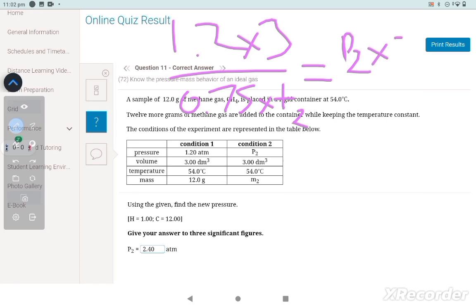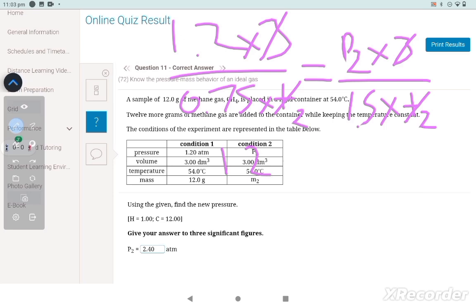multiplied by 3 over, now here it says 12 more grams of methane gas are added to the container, so it's double, so it's going to be 24 over 16, which will give us 1.5, which is the moles, multiplied by the T2. It's constant, so cancel out T2, cancel out volume.